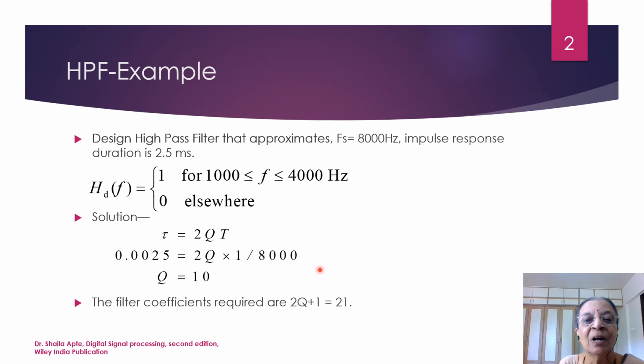Fs is 8000, so you get q is equal to 10. Now the number of filter coefficients that you will have will be 2q plus 1, that is 21. But you need to design only 10 coefficients because the corresponding filter is symmetrical around the center point, right?